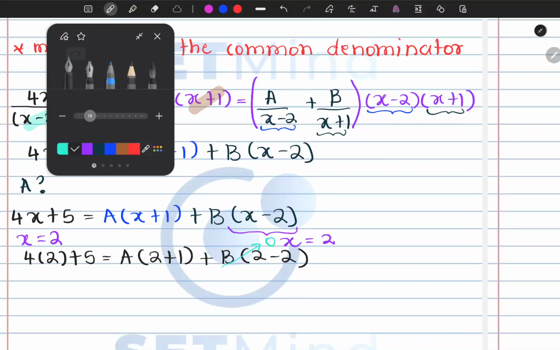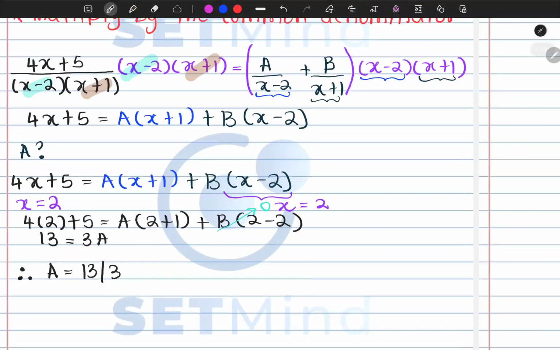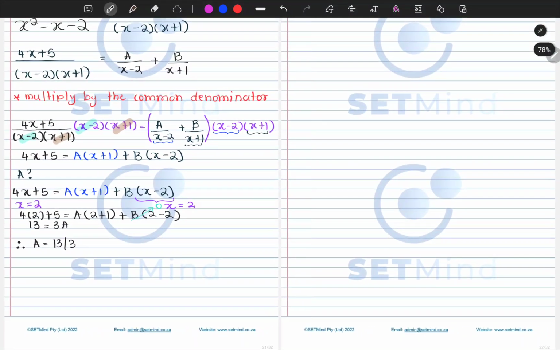So that term collapses, and all we have is 4 times 2, which is 8, plus 5, which is going to be 13. And this will be equal to a times 3, which is just going to be 3a. So we have now found our a, and our a will simply be 13 divided by 3. Okay, that's our a, done and dusted.